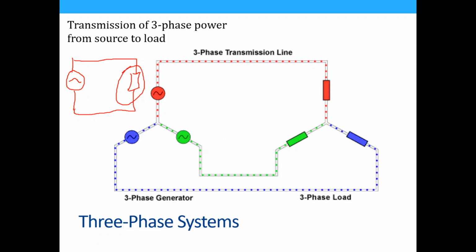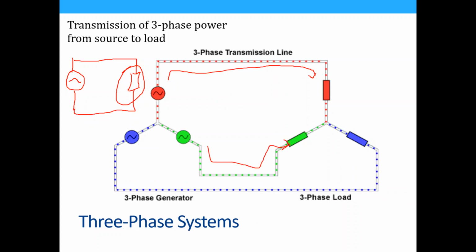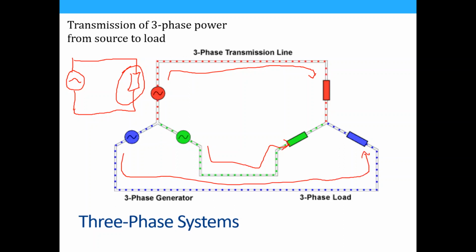But if we use a balanced three-phase system, we're gonna use three wires, all right, three wires to service three houses. So we have three long lines to service three households.